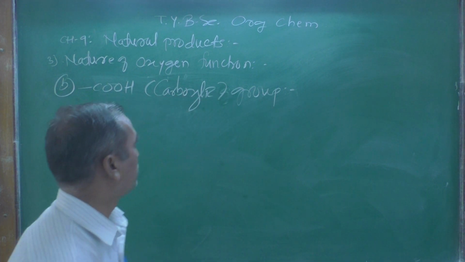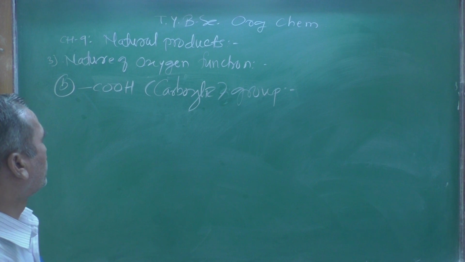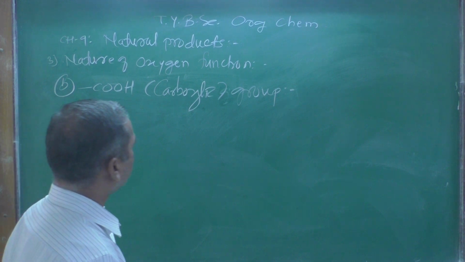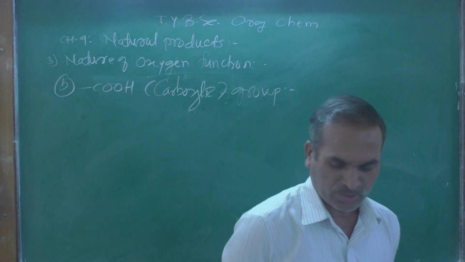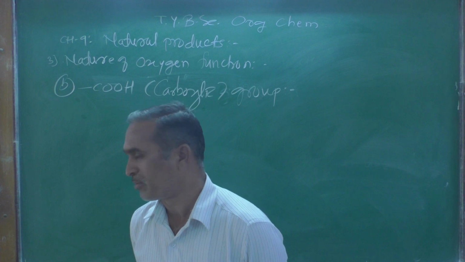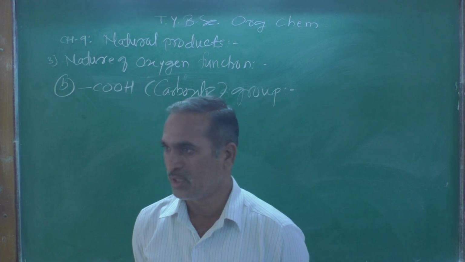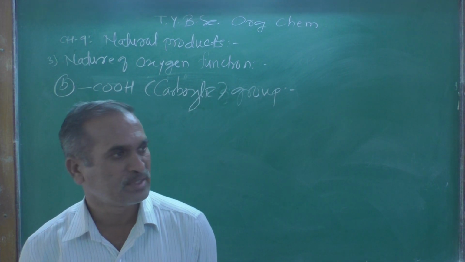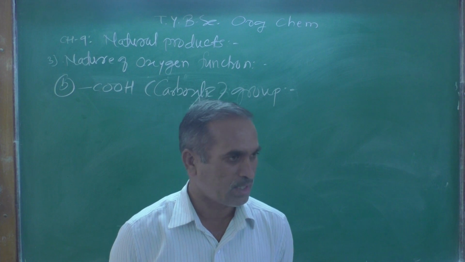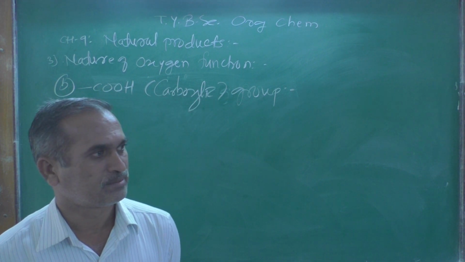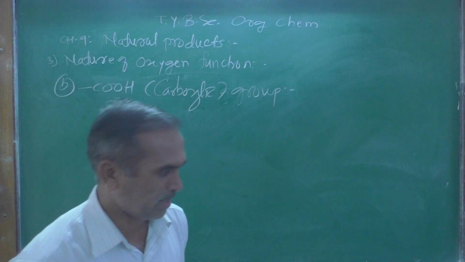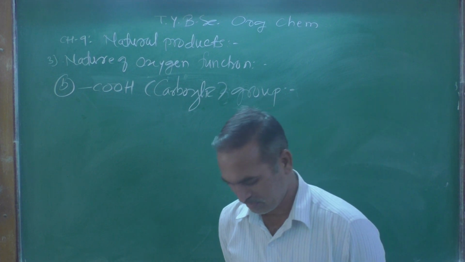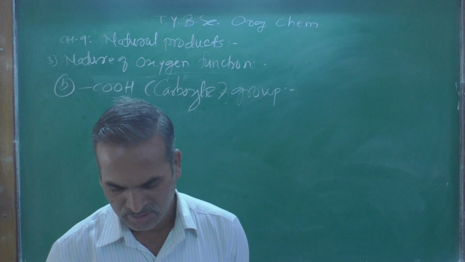So how will you detect, or prove, the presence of a carboxylic group in an alkaloid? While performing qualitative analysis in the lab, we perform these tests and infer from the observations we get.